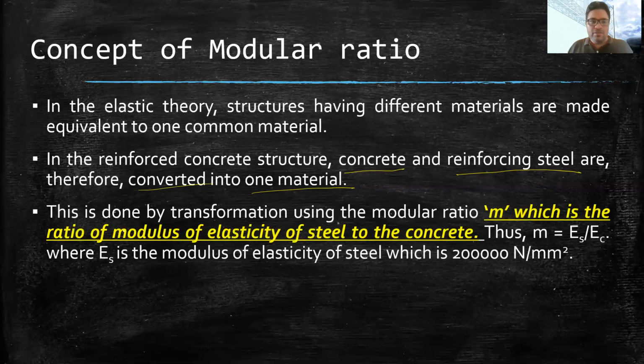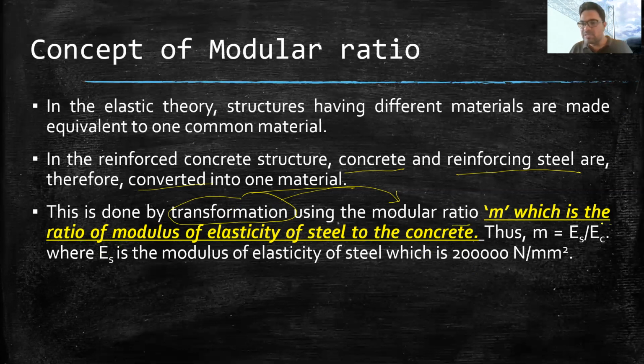So when we try to convert two materials into a single material, that process is called the process of transformation. And this transformation is done by a ratio called the modular ratio, and therefore modular ratio can be defined as the ratio of modulus of elasticity of steel to the concrete.